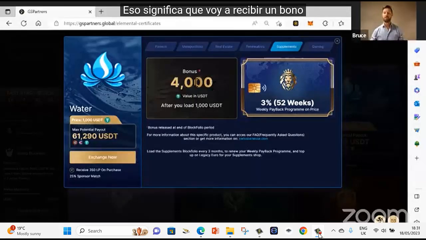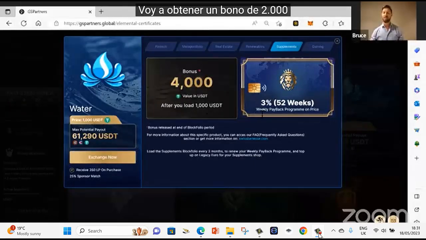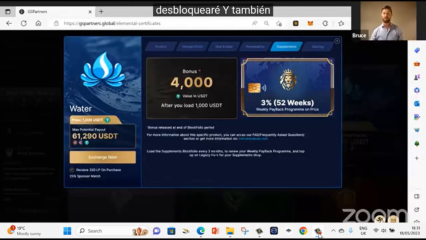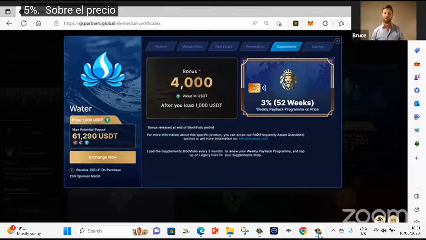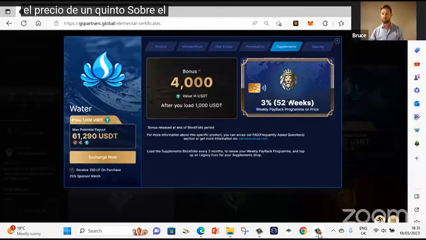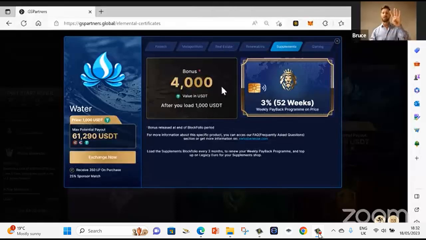Now, this shopping credit, this load, activates a weekly payback of 3% on the price, but it only activates it for a 3-month period. Meaning, if you want to activate it again for another 3 months, all the way to a maximum of 12 months, you're going to end up loading into this 4 times in a year.